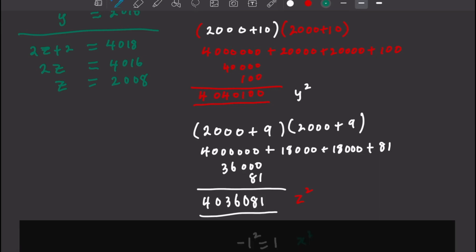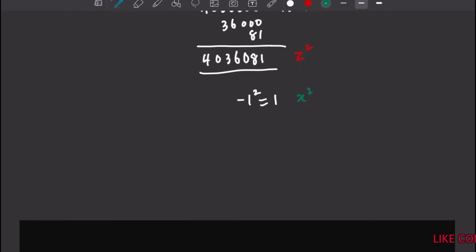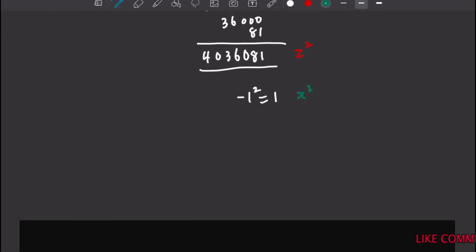So now we've got to take 2010, and we've got to get 2009. We've got to multiply those together, add 1, and then double it.